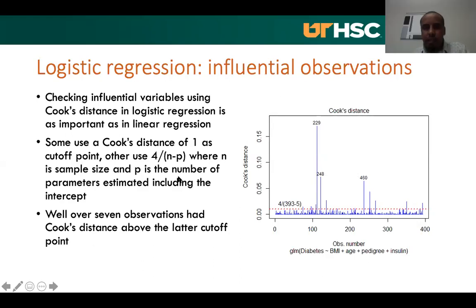So, looking at influential observations. To look at influential observations in logistic regression, as well as linear regression, we use Cook's distance.